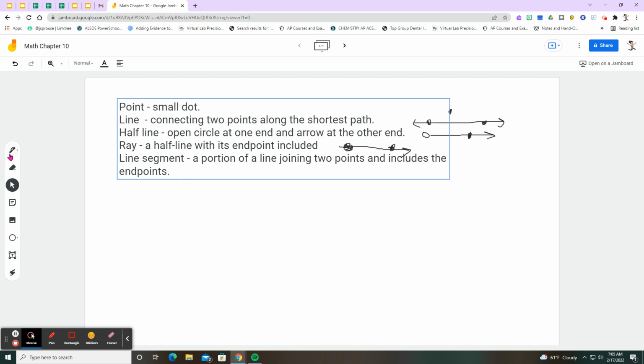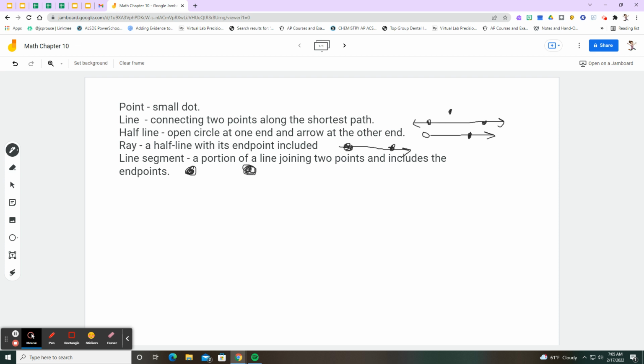Okay, so your line segment would be like, here's a point, here's a point, and we connect those 2 points together. That's a line segment. Okay.